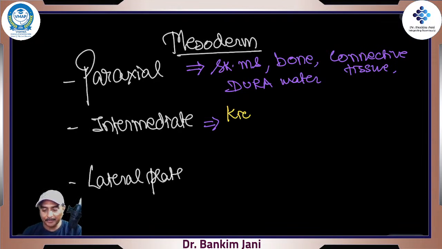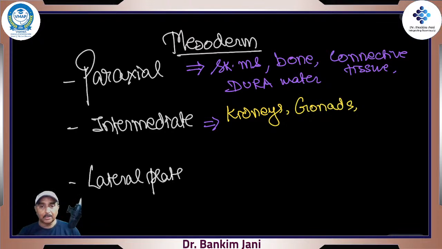So kidneys, right? Then gonads. Then ureter, obviously kidney and ureter. And we just mentioned that kidneys are from mesonephros and ureter from mesonephric duct. So kidney, ureter, gonads, then the complete uterus, uterine tubes, all those structures.